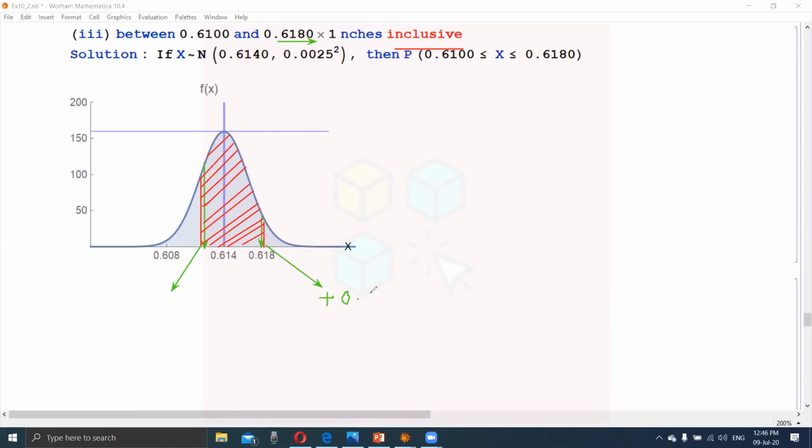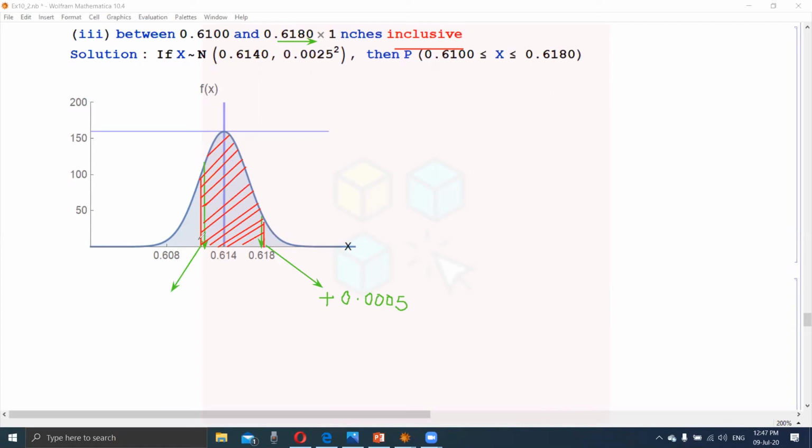Because on the number line this red line is after 0.618, we add 0.0005, and this point is before the green point.